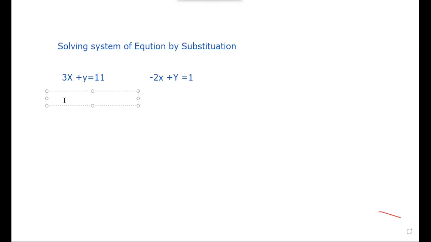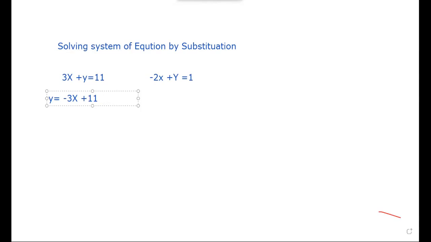It doesn't have a coefficient, or the coefficient of y equal 1. Thank you so much. Then y equal how many? Y equal 11 minus 3x. Correct. Or negative 3x plus 11. Yes, very good.